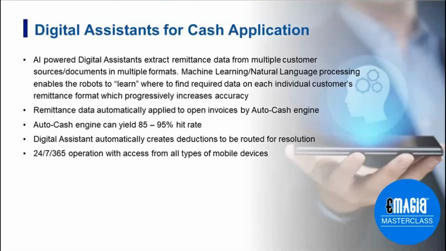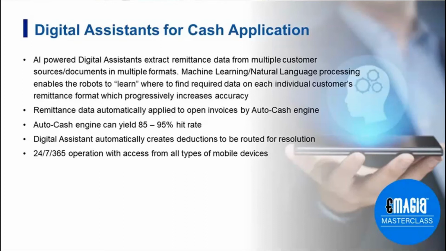So just for example, Walmart may put your invoice number in the upper left-hand corner. Target may put that same information in the lower right-hand corner. Well, the digital assistant learns this over time and goes right to where it can find the required information. And then, of course, inputs it, has its own AutoCash engine, which applies the payment to the open invoice.